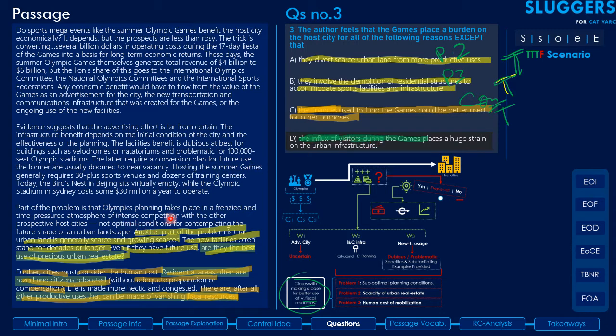At some point it might seem like it is implied, but he has never been explicit about the strain that is placed on the urban infrastructure directly due to the influx of visitors, right? So this is not something that we can assume on our part.